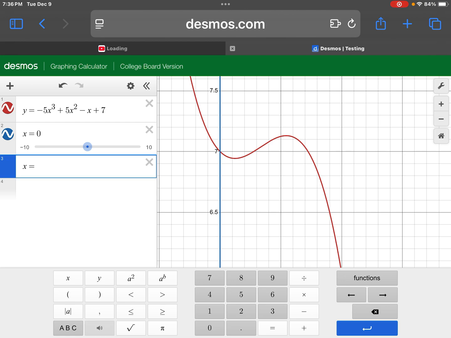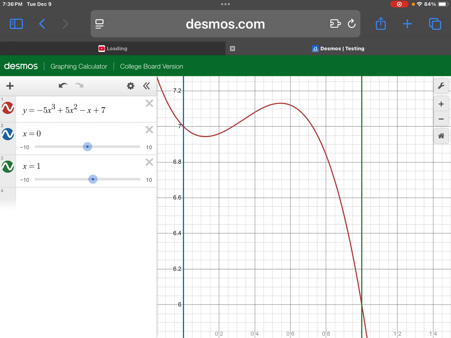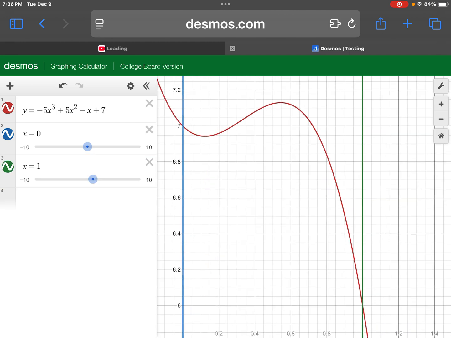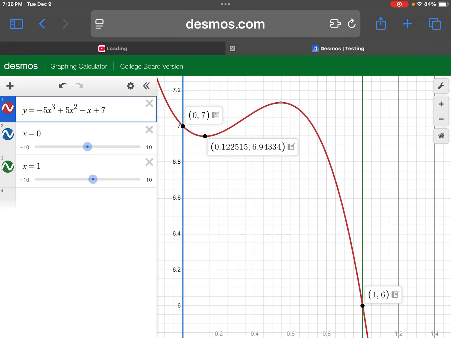Not 4, but 1. Okay, so now I'm going to look at this graph between the blue line and the green line, okay? The relative minimum is going to be here at 0.122515, comma 6.94334.